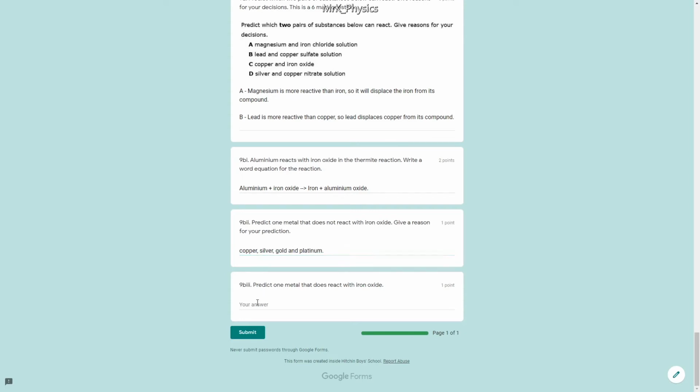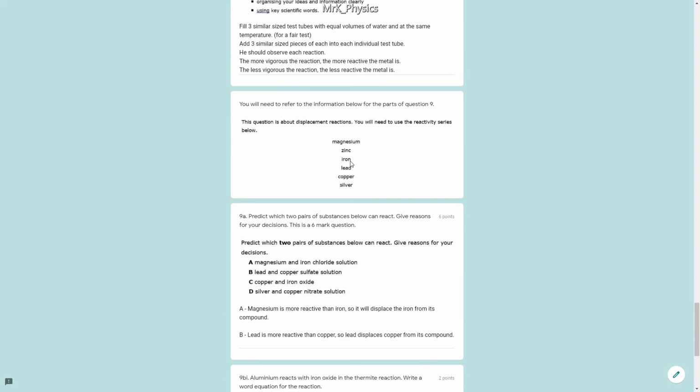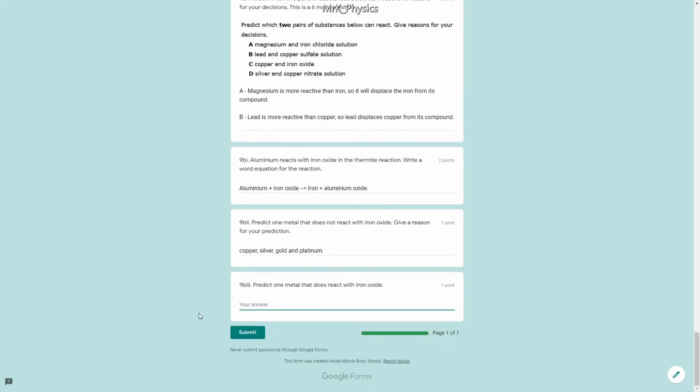Predict one metal that does react with iron oxide, where we're going to look at ones that are more reactive. For example, magnesium, zinc. There's essentially any that are more reactive than iron, and I guess we should put in this one here as well from that previous one, which is aluminium.